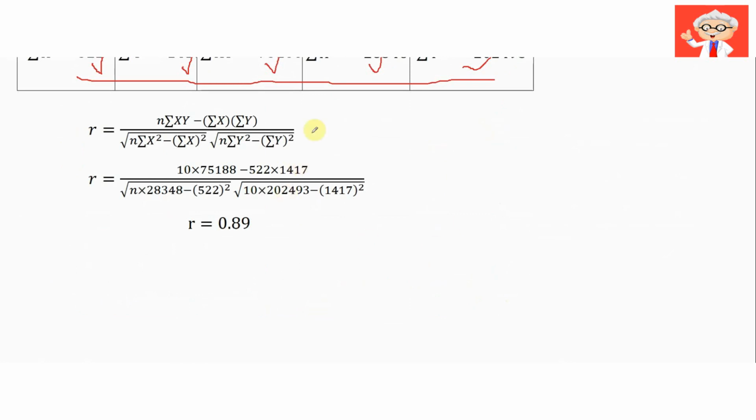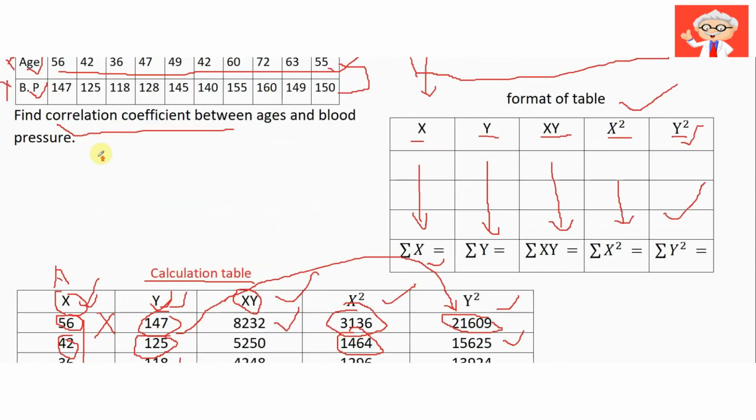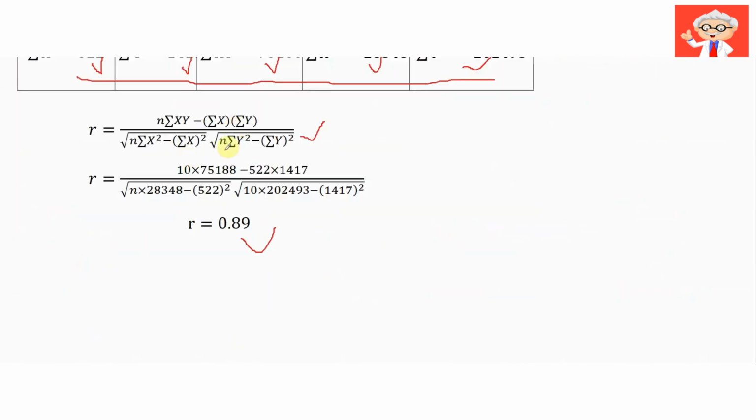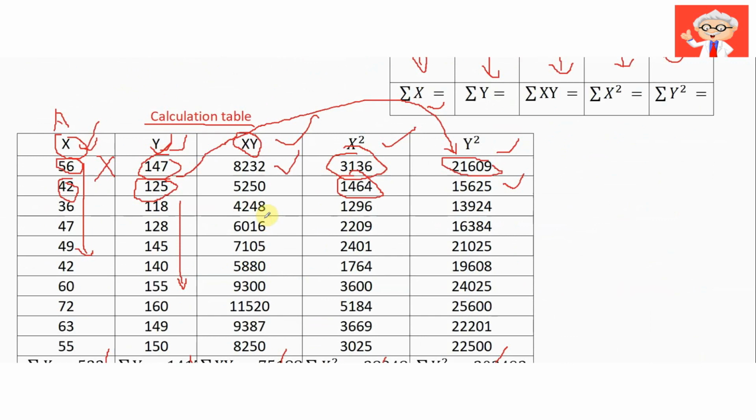We have this formula. I have already told you that this formula is the direct method formula. By using this formula, we can calculate the correlation coefficient between age and blood pressure, that is, between x and y. Here n is the sample size or observation size, which is 10.